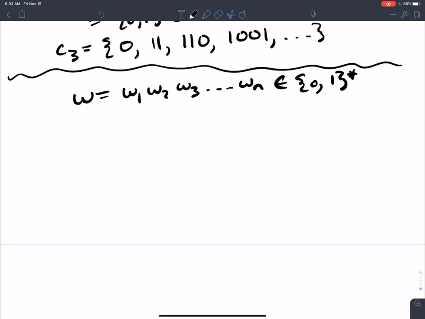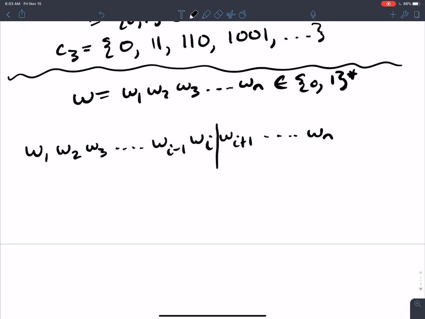So what can we do about that? Let's look at a partial string, w1, w2, w3 up to wi. So wi is somewhere in the middle of the string, and then there's the rest of the string. Let's look at the string up to that point.